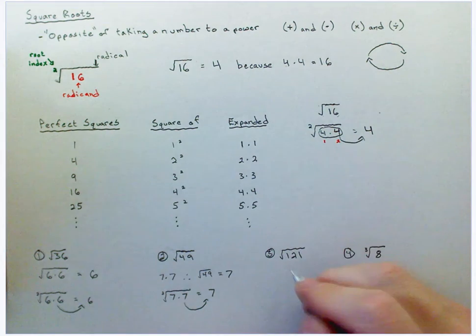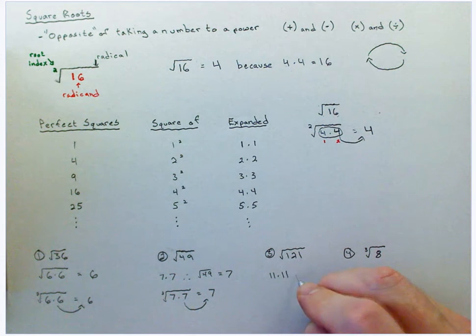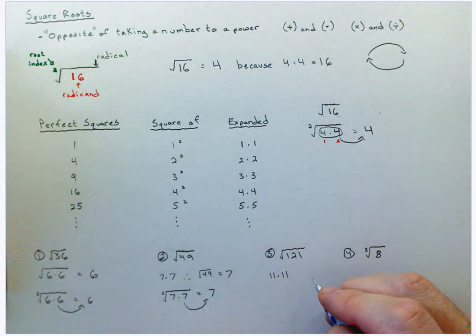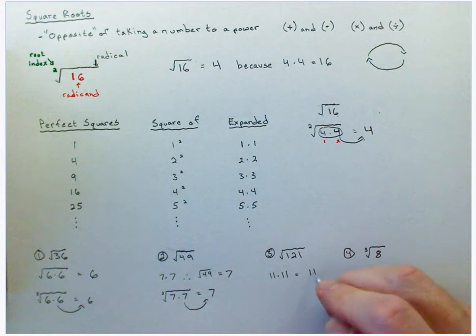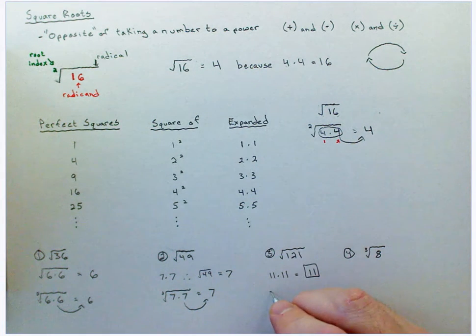For this one, it is 11, because 11 times 11 equals 121. So what I have here is 11 as my answer. Or I can view it like this: there's an understood 2 for my root index.